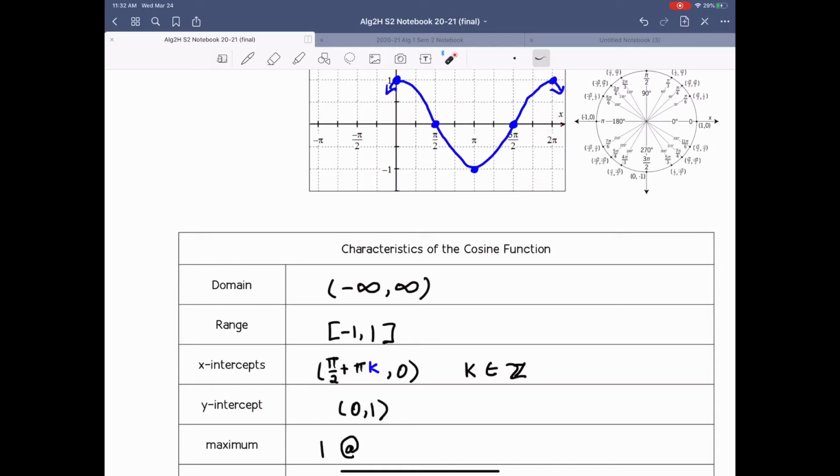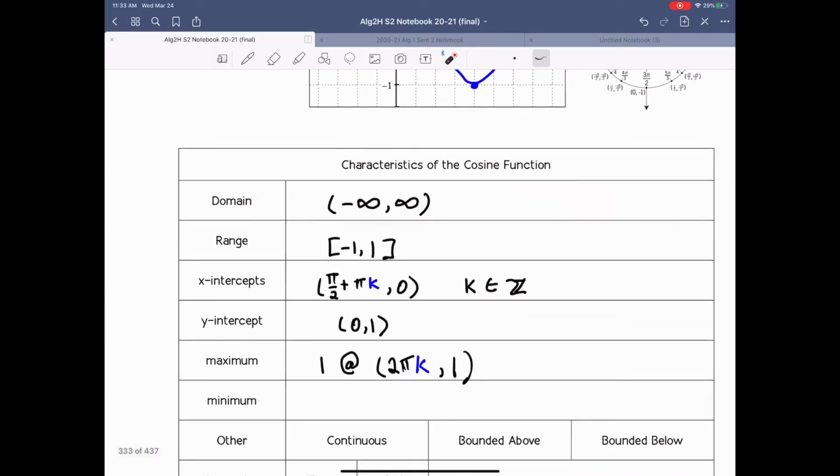And since this is telling me, hey, every 2 pi radians, there's going to be a maximum, I'm going to say that the maximum is at 2 pi, or some multiple of 2 pi, so (2 pi times k, 1). All right, and that totally fits what we've got here, because if we plug in 0 for k, 2 pi times 0 is 0, so that means that our first maximum here is at (0, 1), and then all intervals of 2 pi after and before that.